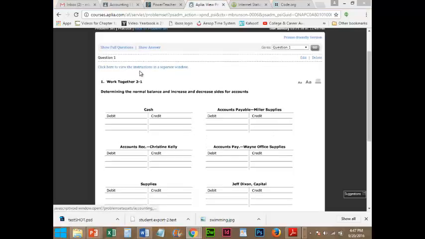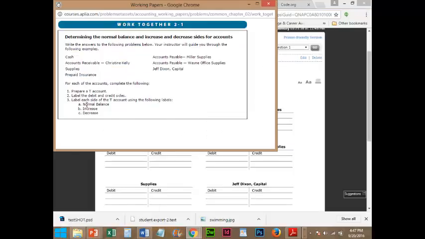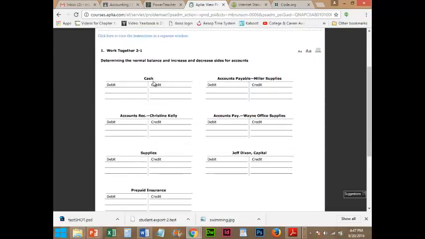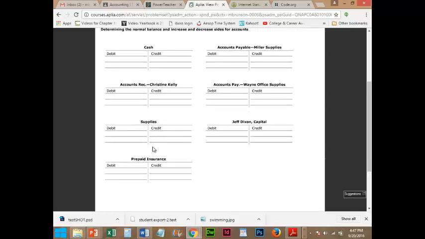Okay, if we go back and look at our instructions, it tells us to label each side of the T account using the following labels: normal balance, increase, and decrease. So let's start with all of these accounts going down the left. We have cash, accounts receivable, which means Christine Kelly owes us some money, supplies, and prepaid insurance.